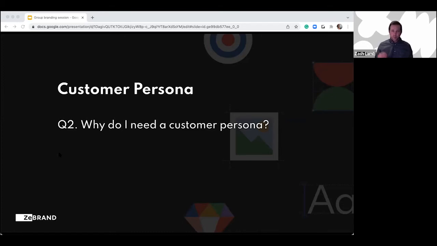It plants your flag and says, this is who our ideal customer is for our organization. And it helps everyone in the organization understand that customer as well. It's really that distillation of everything, and it guides your brand marketing, your tone of voice, your visual language. It's really a foundational piece of any brand. And it guides so much of, like I said, the presentation of the brand in the world that it's a really important thing that we need to have. I see.